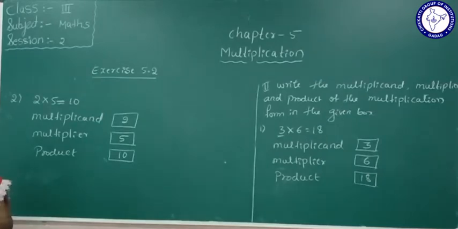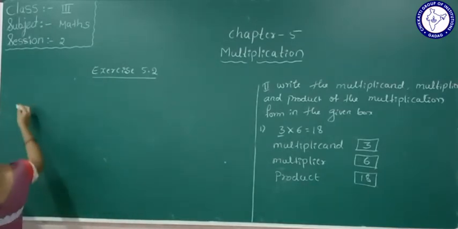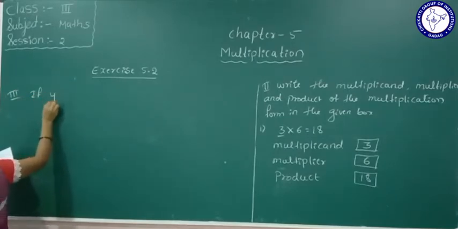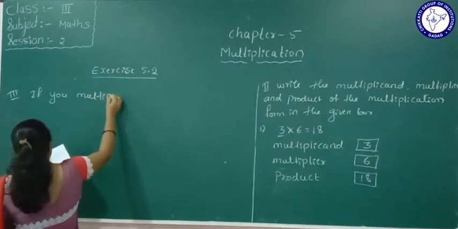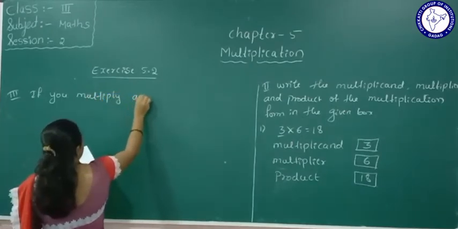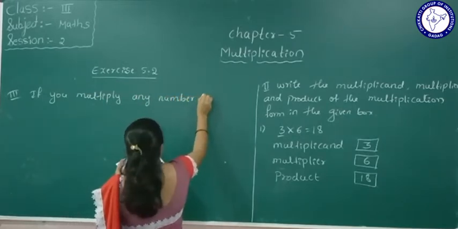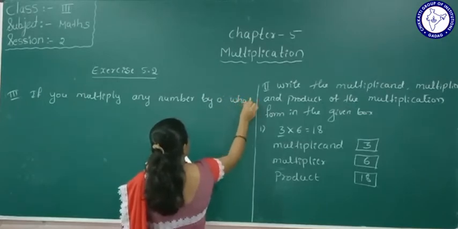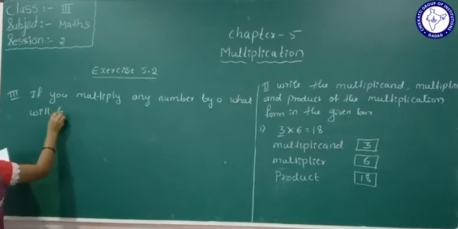Next we are going to the third main. They have given one question here. If you multiply any number by 0, what will be the product?